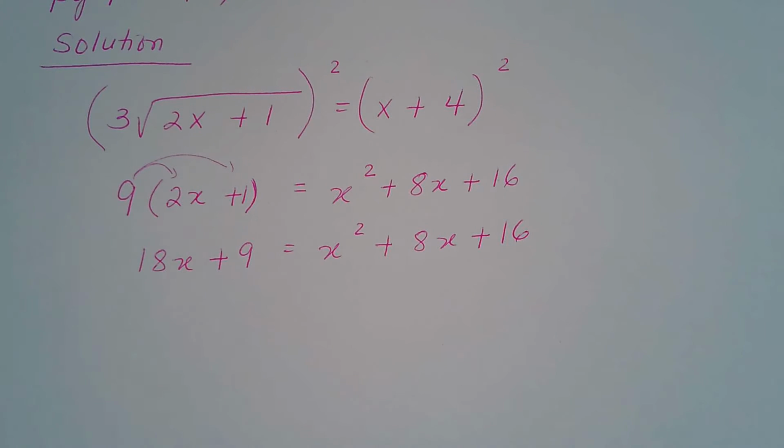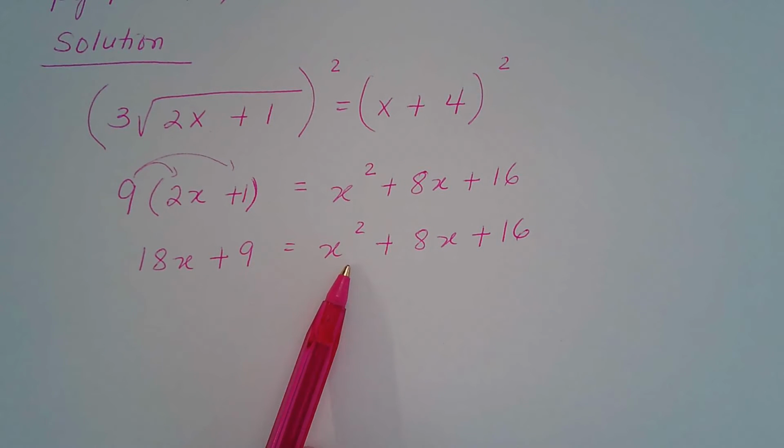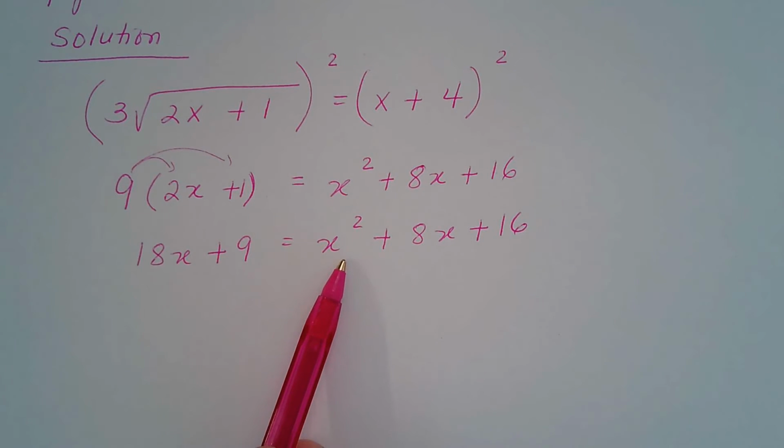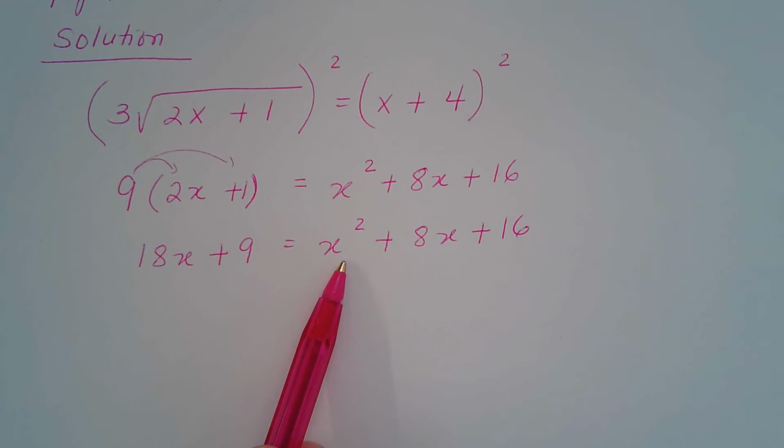Now, it looks like we're going to end up with a quadratic equation, right? Because we can't isolate the x by itself. We're going to end up with a quadratic equation because we have the x squared. So what we could do, there's two strategies that we can use: factoring strategy or quadratic formula strategy.